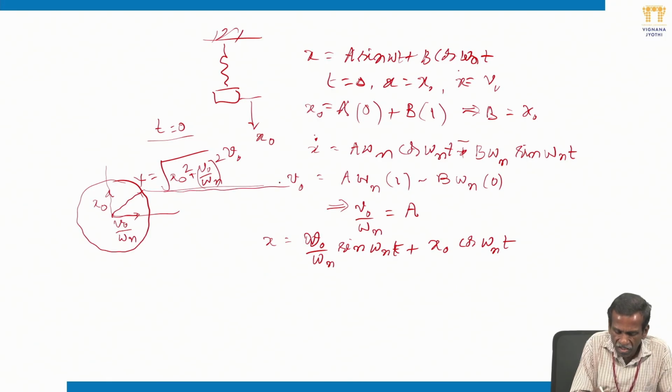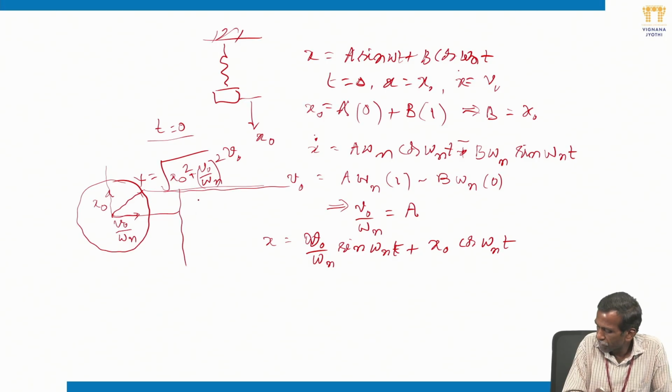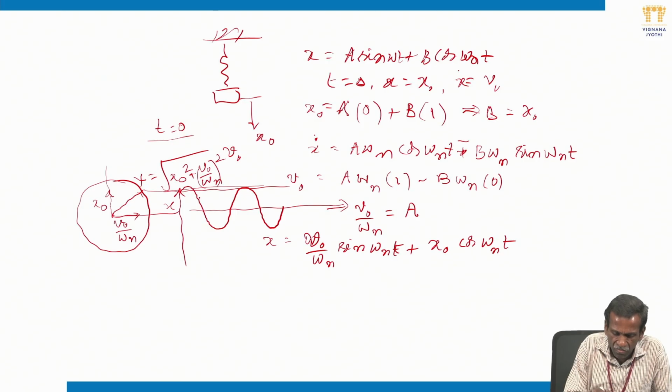So you want to see this in graphical form. Initially you have given x naught. In the graph, this is your displacement on the y coordinate, and this is your time. You will have this displacement like this, where this is the maximum and here also this is the maximum.